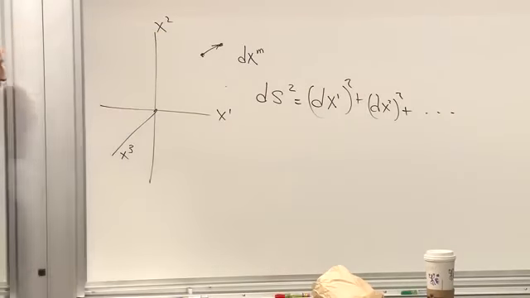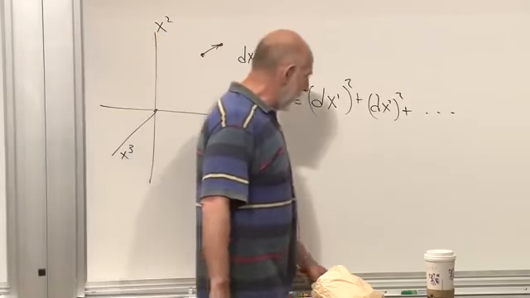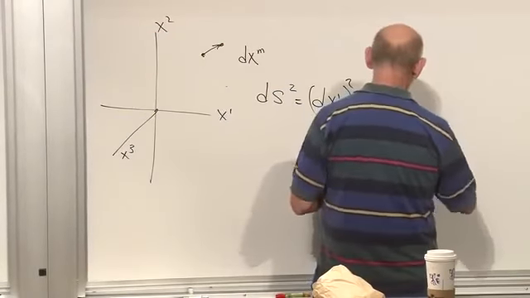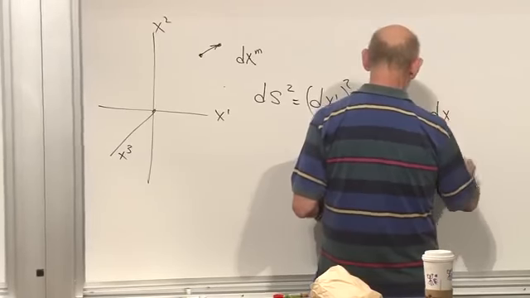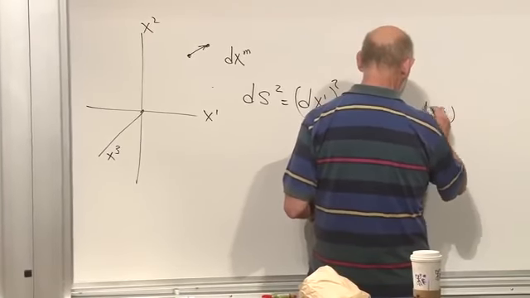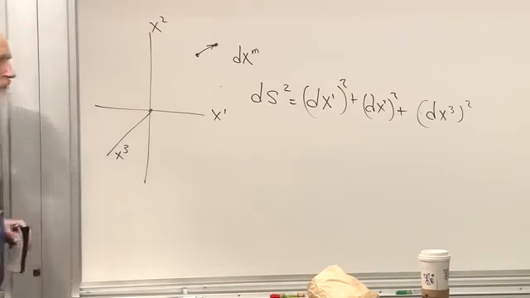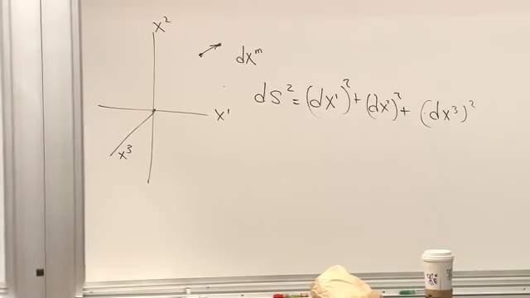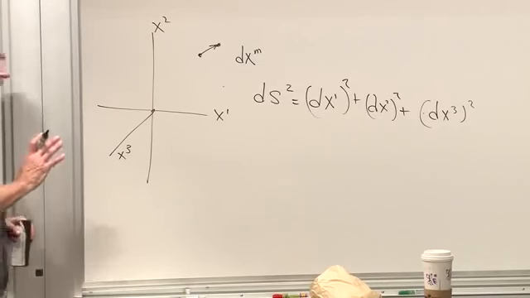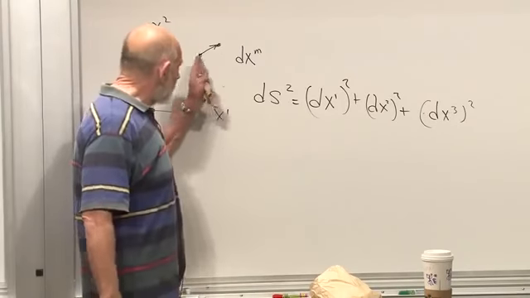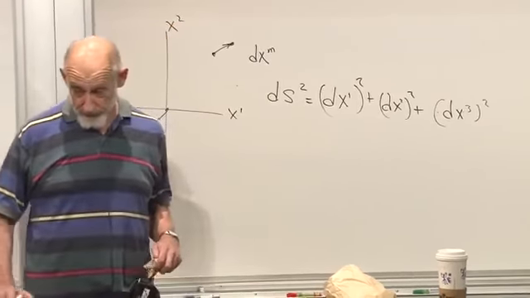If the space is 3-dimensional, then there are 3 of them. If the space is 2-dimensional, there are 2 of them. If the space is 26-dimensional, there are 26 of them, and so forth. That is the formula for Euclidean distance in a Euclidean space for the distance between 2 points.